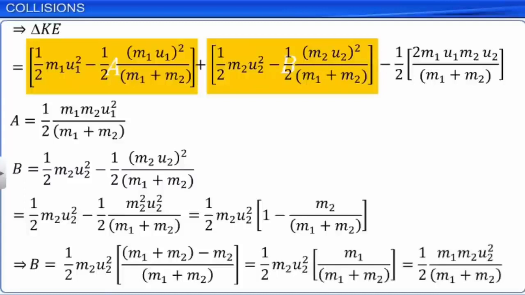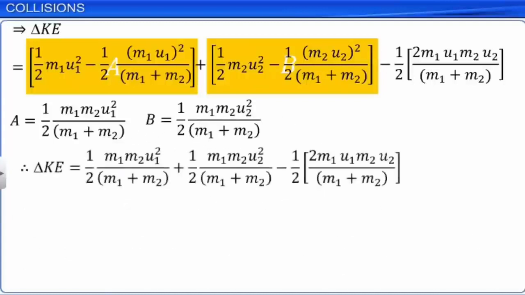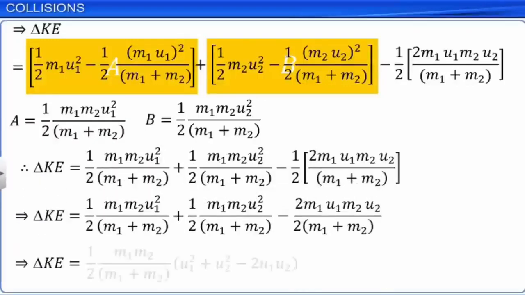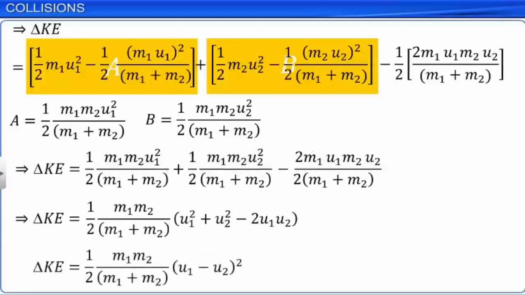Thus, the loss in kinetic energy in a completely inelastic collision is, on further simplification, half m1 m2 by (m1 plus m2) into the square of (u1 minus u2). Let this be equation 13.